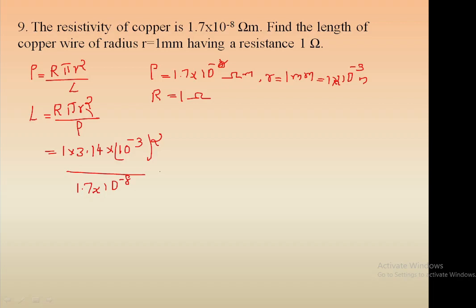After the calculation, you will get 1.847 × 10^2, that is 184.7 meter. Now this is the length of the copper wire.